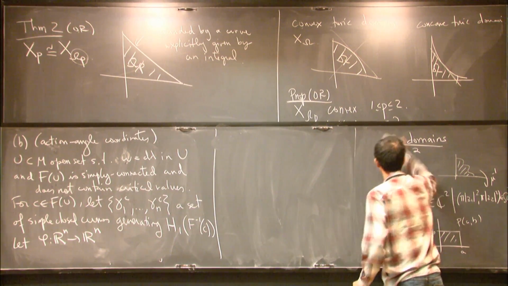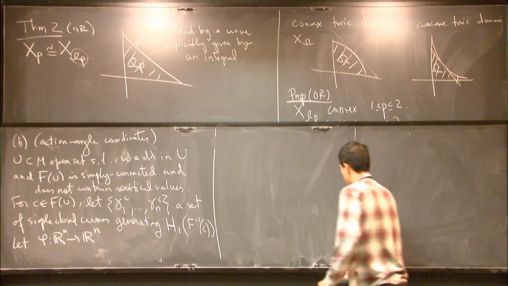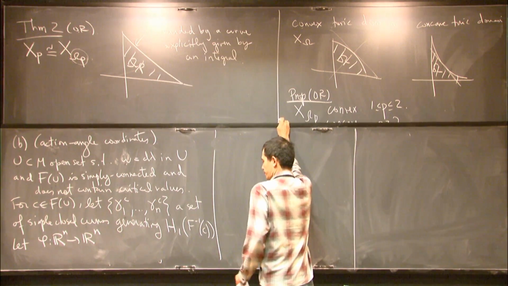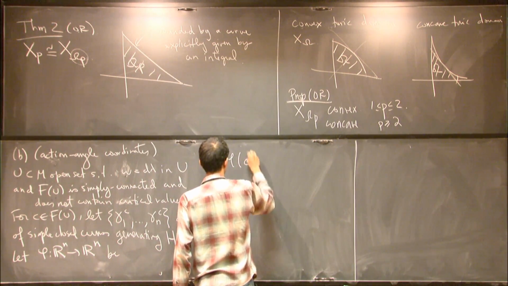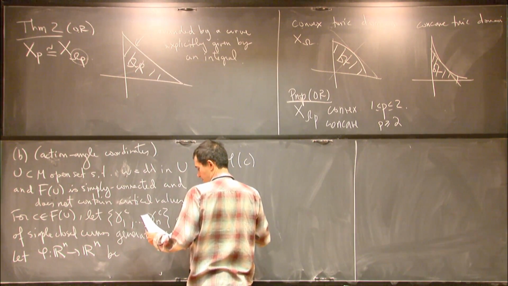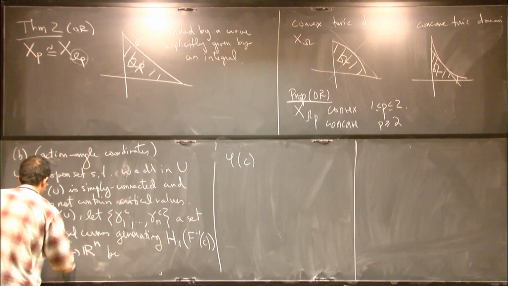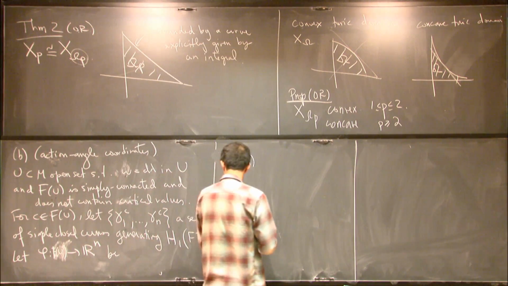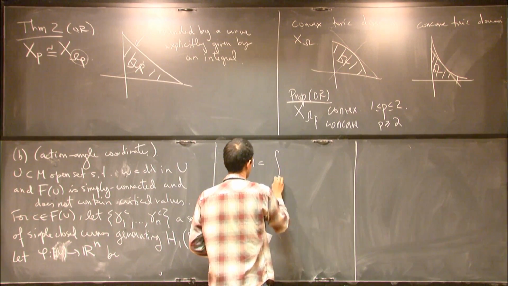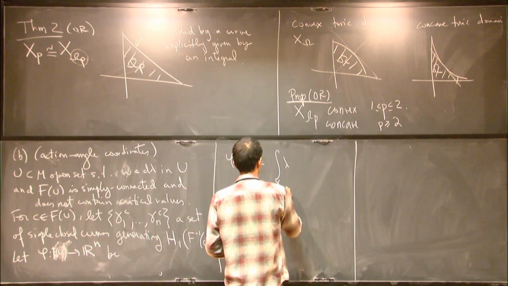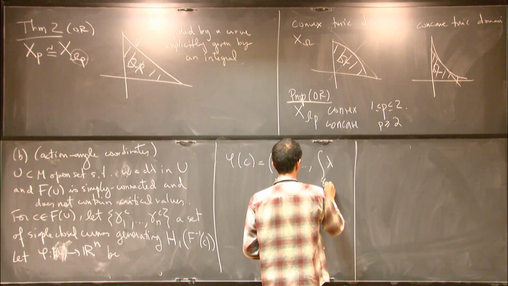So I'll define this function, let this be the function phi of C. Sorry, you only define it in f of u. Yeah, so phi of C is the integral of lambda over gamma 1 of C, up to the integral of lambda over gamma n of C.